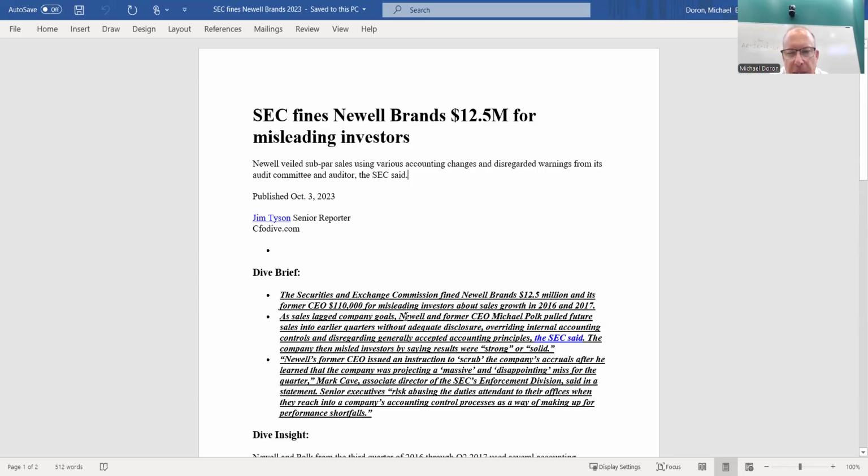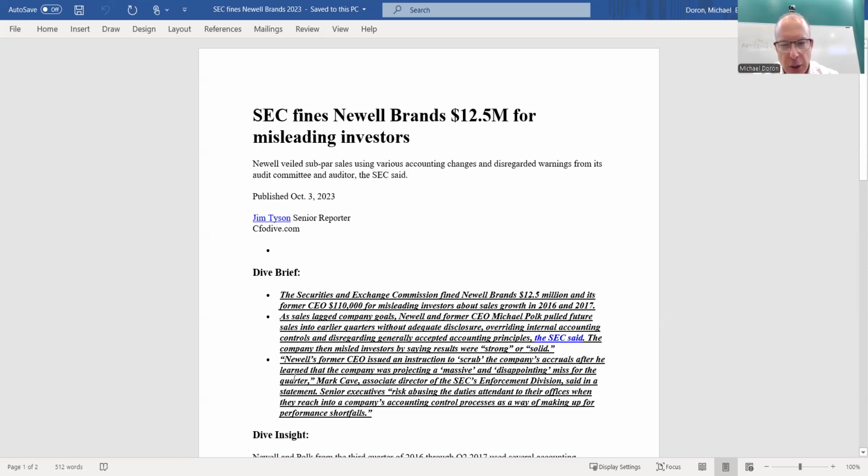As sales lagged company goals, Newell and former CEO Michael Polk pulled future sales into earlier quarters without adequate disclosure, overriding internal accounting controls and disregarding generally accepted accounting principles. The company then misled investors by saying their results were strong or solid.